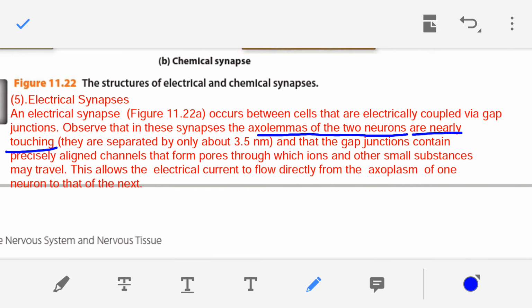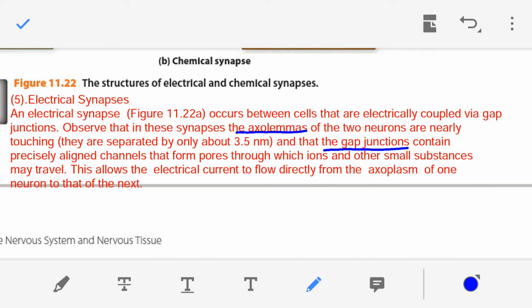But when we say nearly touching, that means there is some distance between these two axolemmas, and this distance is 3.5 nanometers. And in the axolemma of the two neurons, gap junctions are present. And what are these gap junctions? What is the structure of a gap junction?